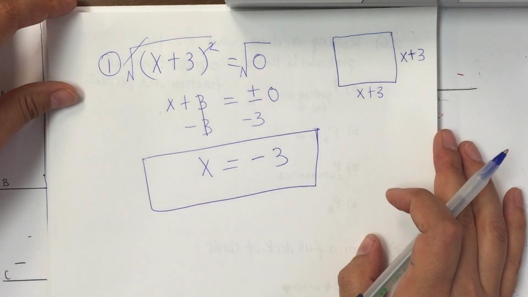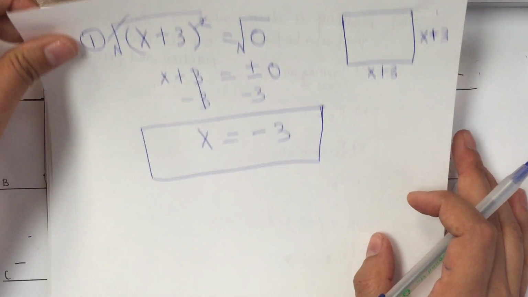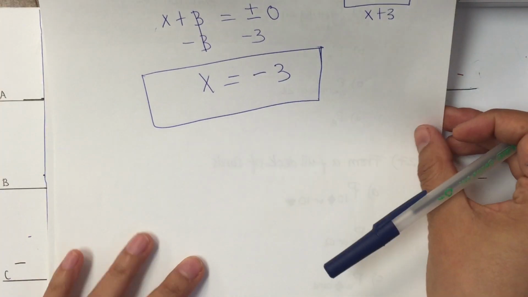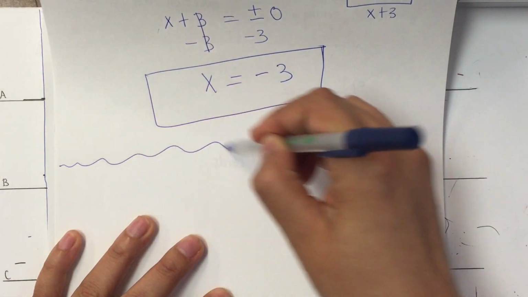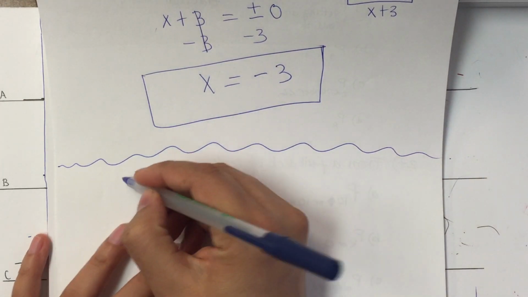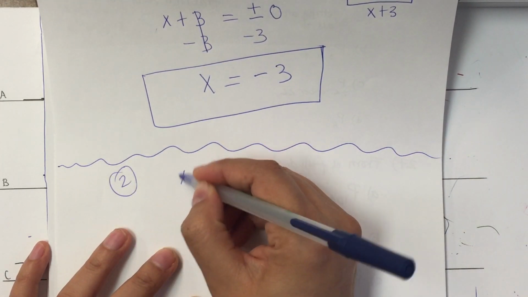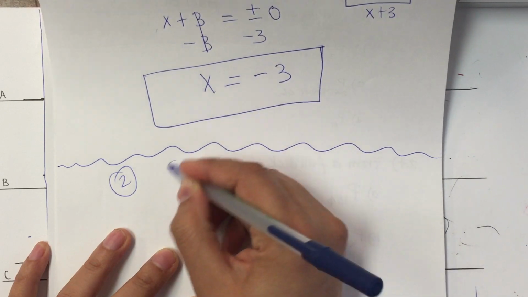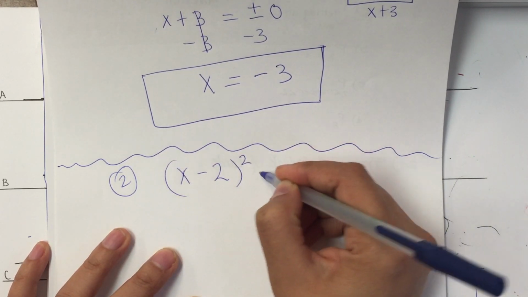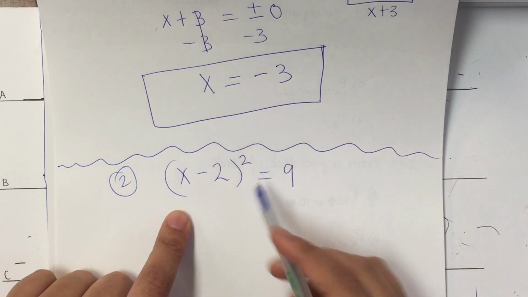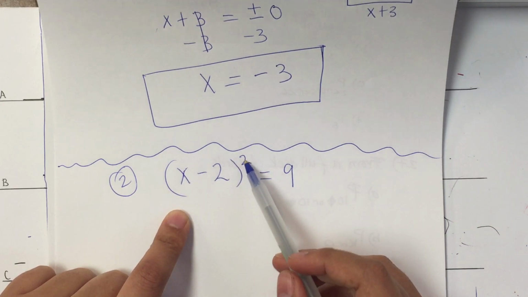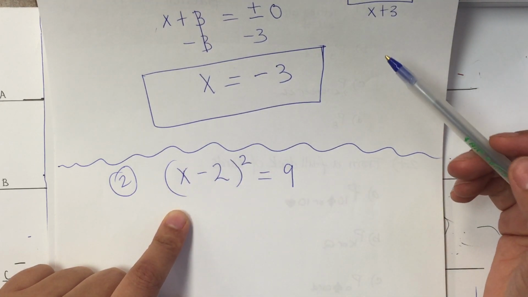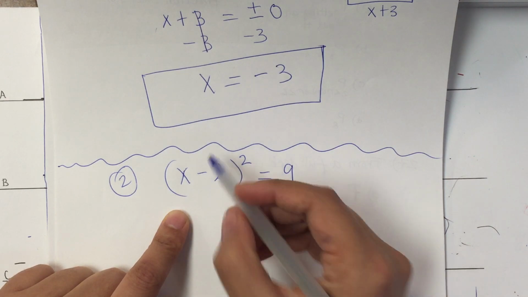Okay? So that's the first example. Again, this is a perfect square just because we have two of the sides being the same length.